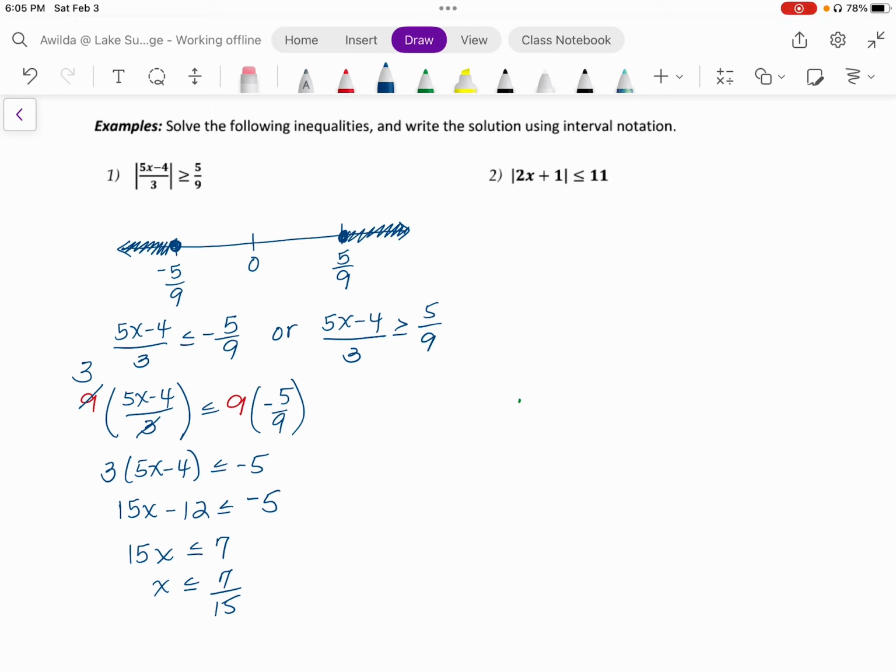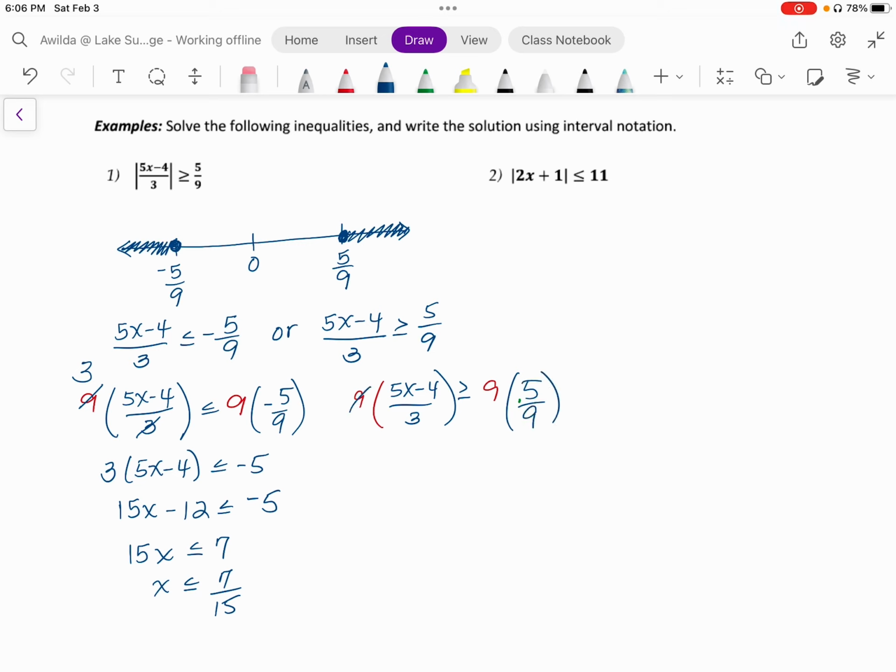Solving the second part of the inequality, again, multiplying both sides by 9 to clear those fractions, we get 9 times 5x minus 4 over 3 is greater than or equal to 9 times 5 over 9.